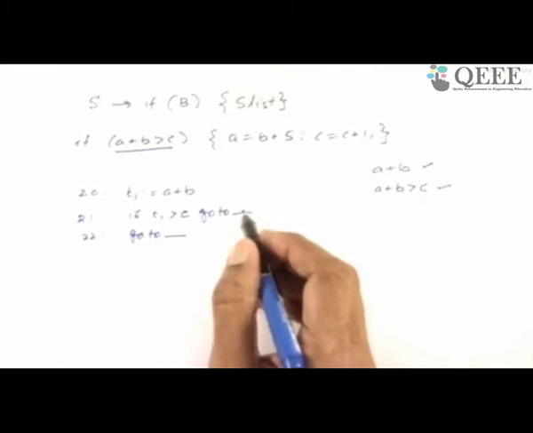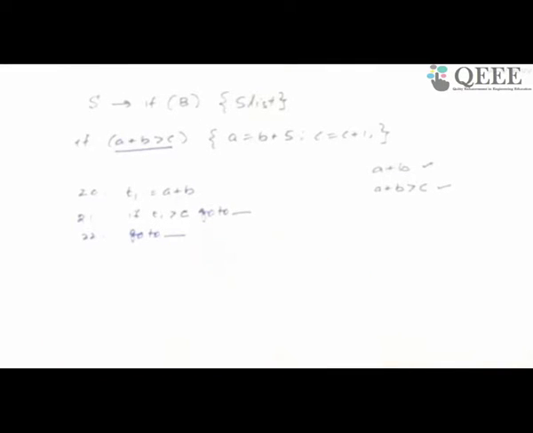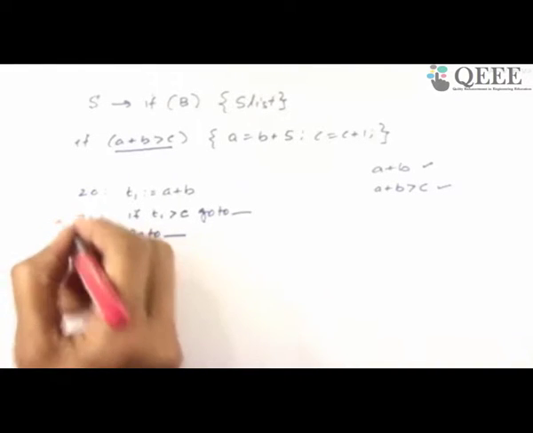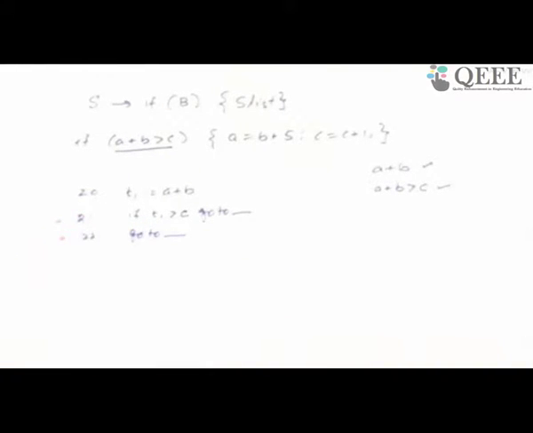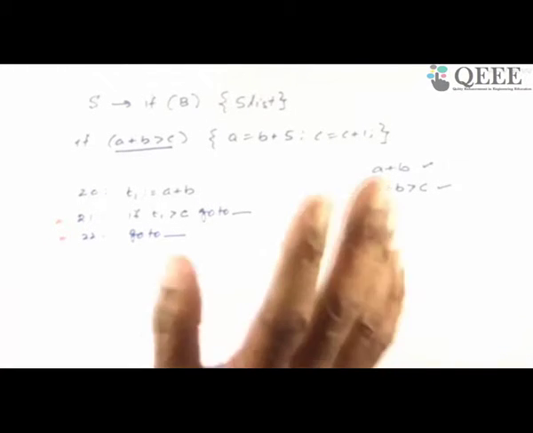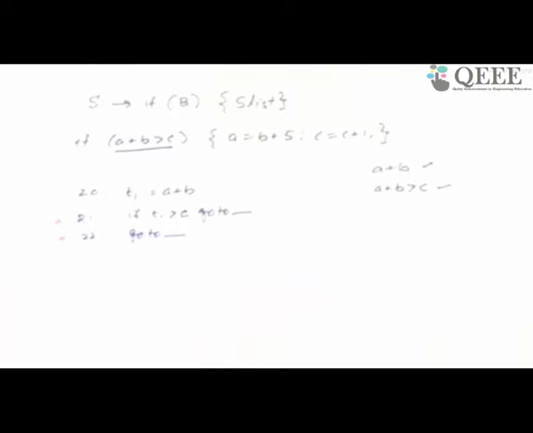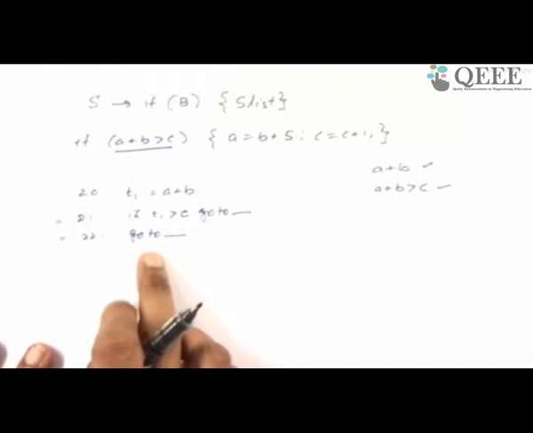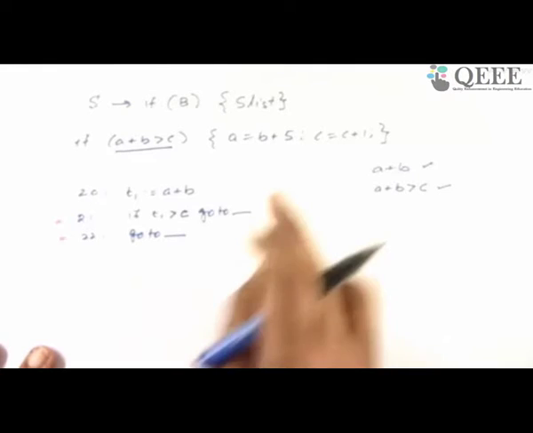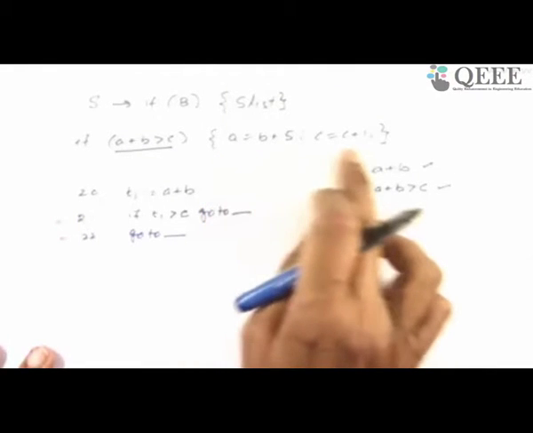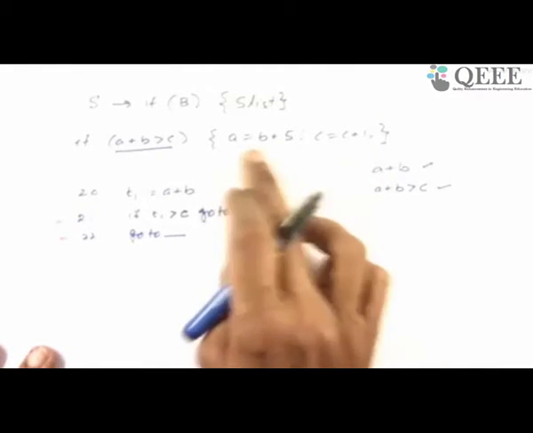I don't know. Go to where? I don't know. So what I'll do, I'll note down these statements that these are incomplete. So I'll put a small star here. The compiler knows that I've generated code, but I do not know where they should go. Incomplete. Great. Go ahead. No issues. Now with this, it goes on. And after this, it actually comes to this particular part where you do a equals b plus 5.